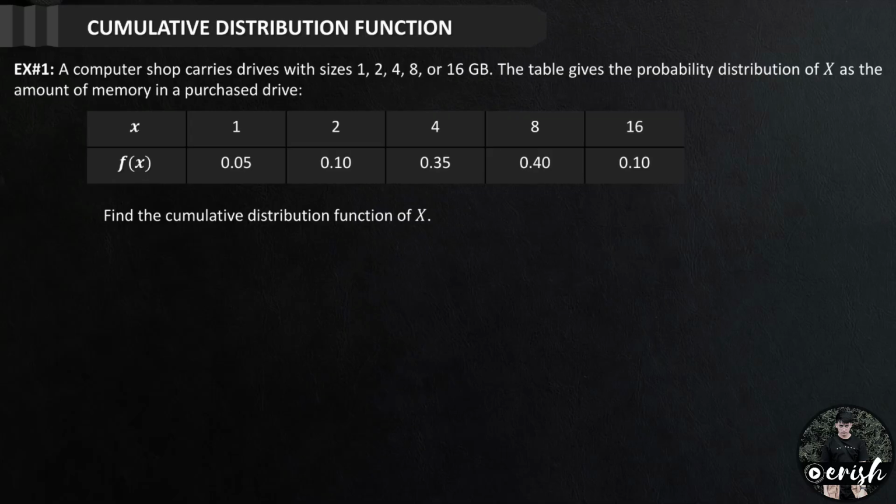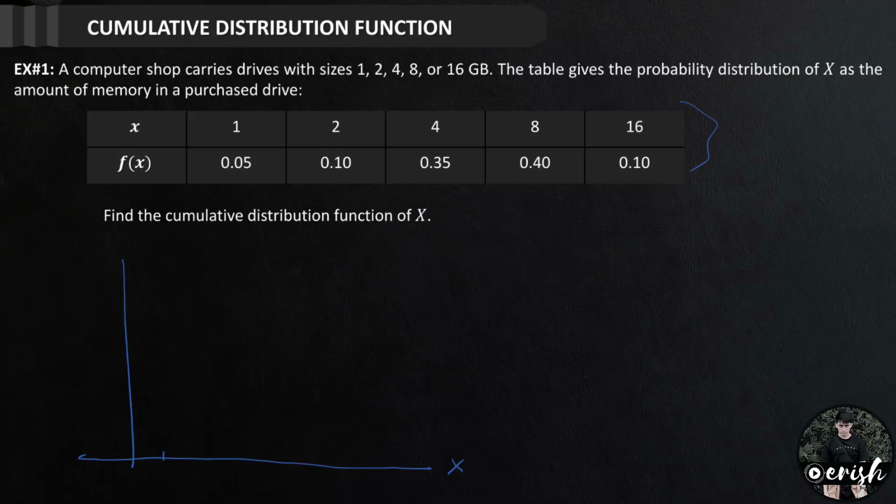Kung mag-create tayo ng graph, say gagamitin natin itong probability distribution na yan. In creating a graph, so gagawin lang natin is pa ganyan. This is our x. Eto, dito natin ilalagay yung random variable values natin. So in this problem, we have 1, 2, 4, 8, and 16.